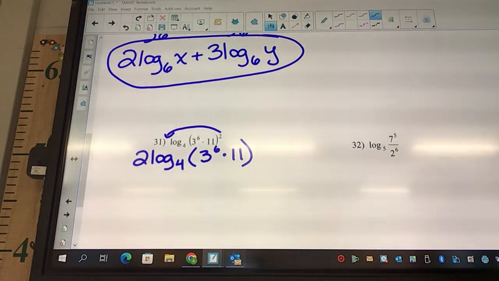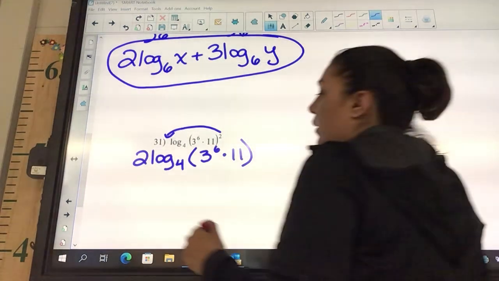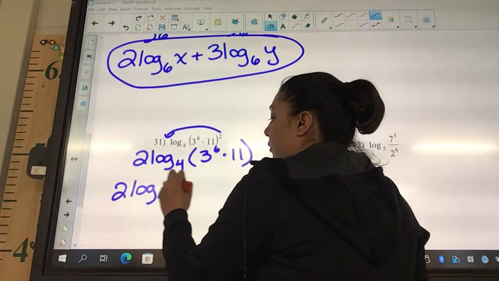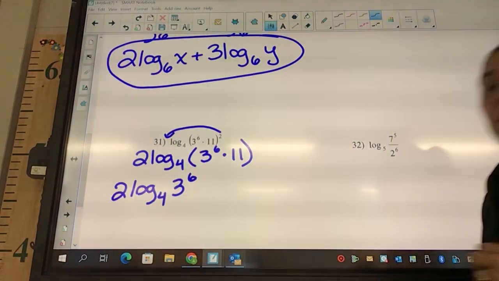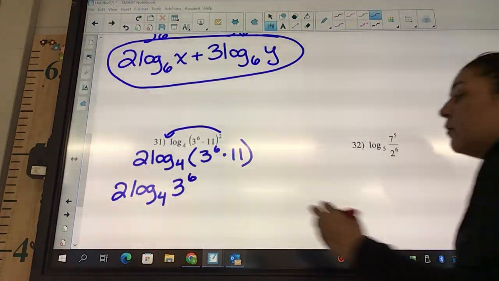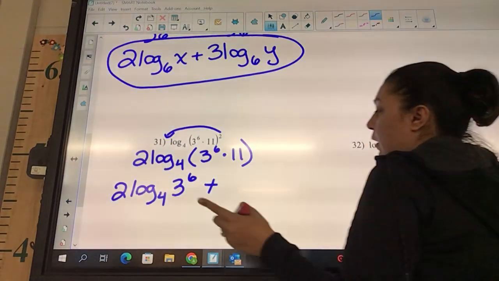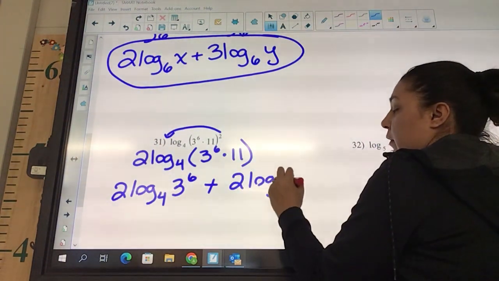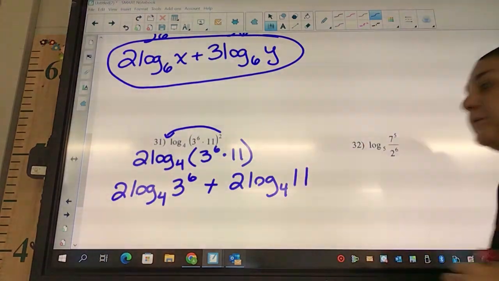Put the log with the 3 to the 6 and not that. Okay, so it's going to look like 2 log 4 of 3 to the 6th. Then what? Plus 2 log 4 of 11.